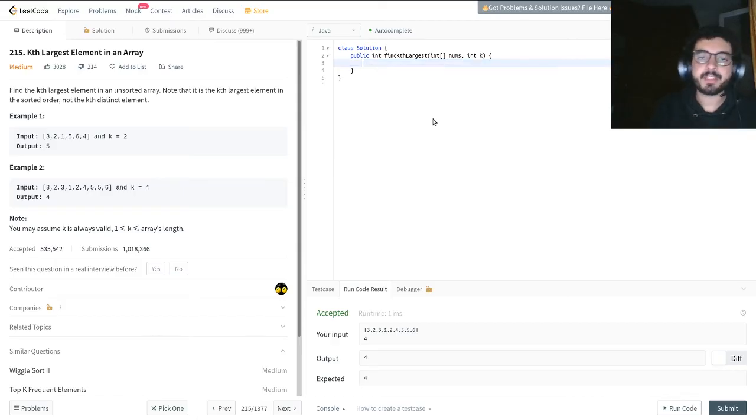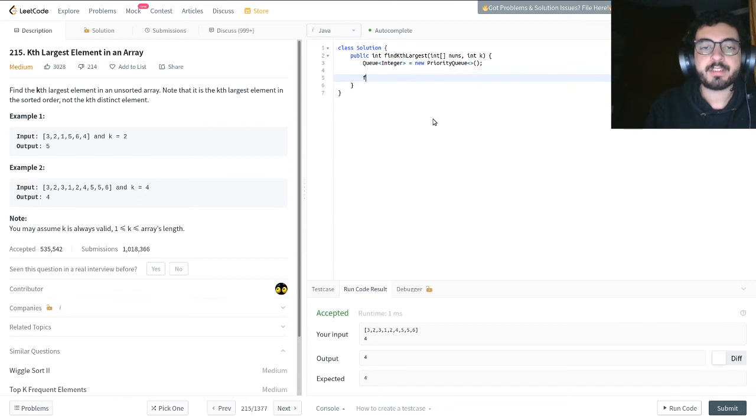A priority heap in Java is implemented as a priority queue. So let's say a queue of integer is equal to new priority queue, and let's fill the priority heap with elements till k. So int i is equal to 0, i less than k, i plus plus.